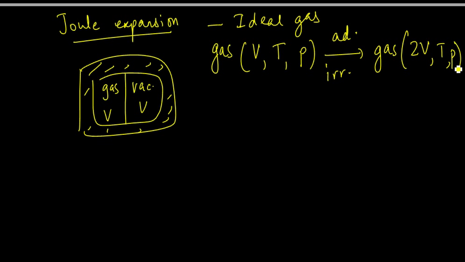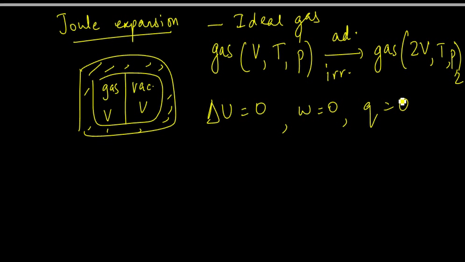Pressure is half. So delta U was 0, work done was 0, Q was 0.